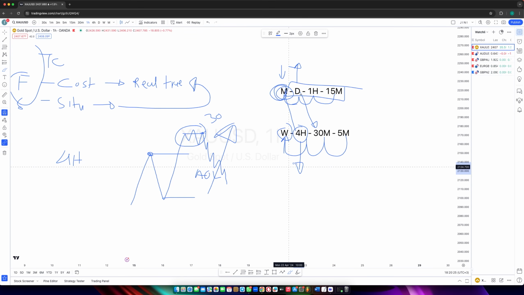So let's say if you use a daily time frame, it means you will start with the D time frame, and then 1 hour, and after 1 hour you have 15 minutes. After 15 minutes you will add 5 minutes here, because 5 minutes, 3 minutes, 1 minute, those time frames are universal.